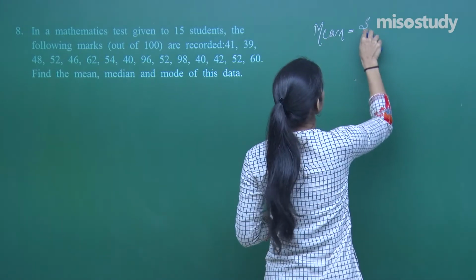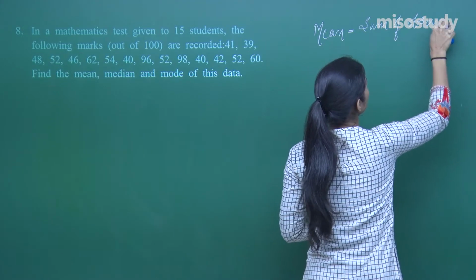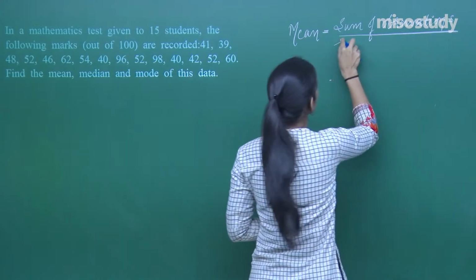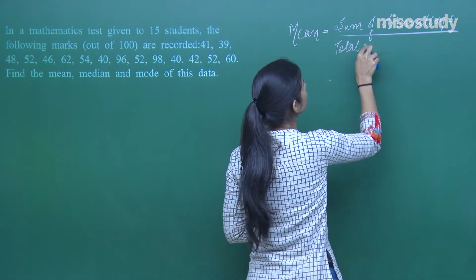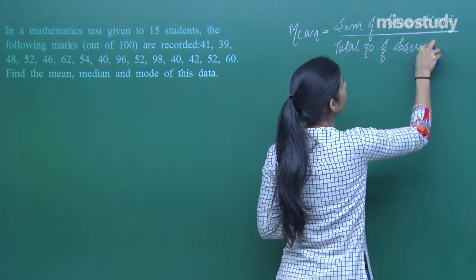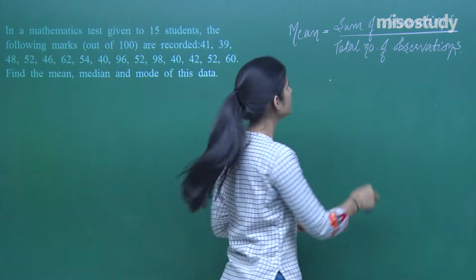So you have the sum of observations upon the total number of observations.